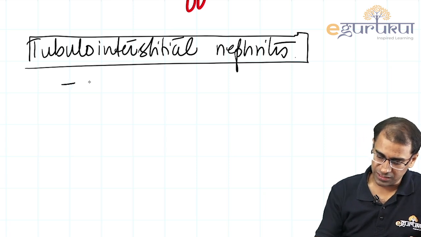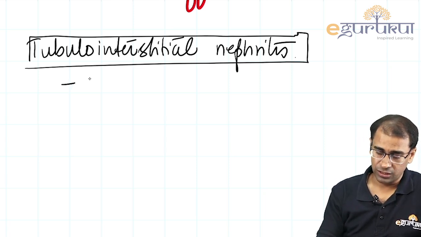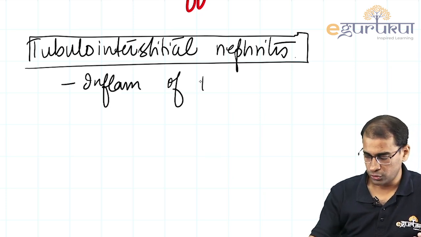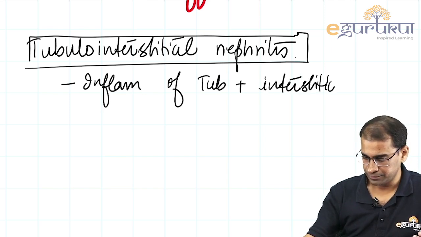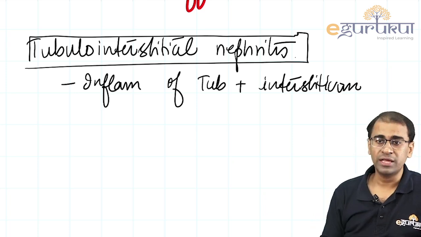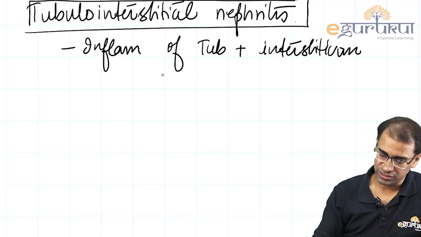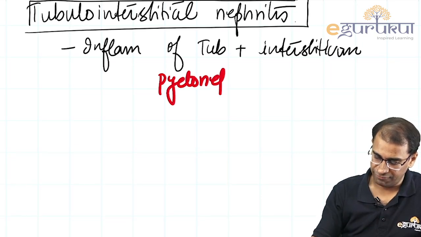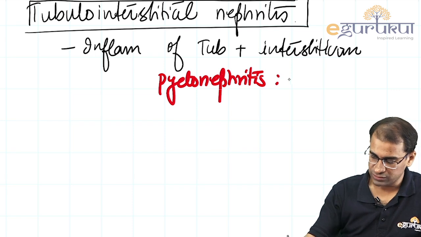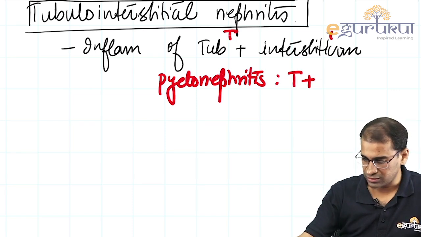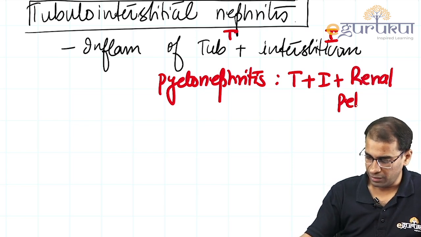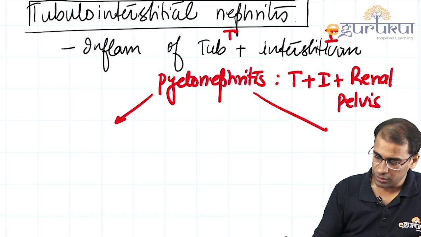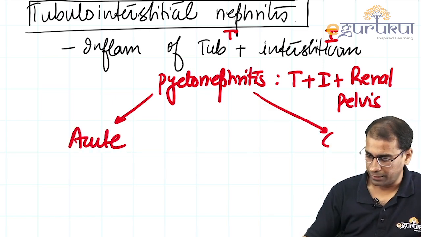Now see, it is basically the disease or the involvement of the tubules and interstitium, that means inflammation of tubules and interstitium is called as tubulo-interstitial nephritis, one type of which is pyelonephritis. Now this involves tubules, interstitium, plus it also involves renal pelvis, which can be of two types, can be acute or can be chronic.